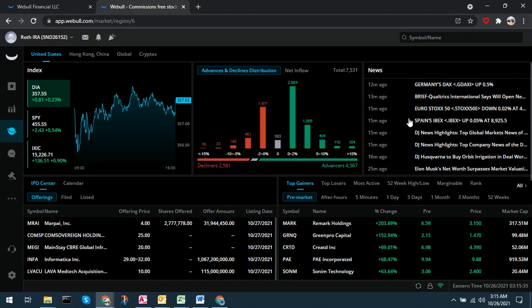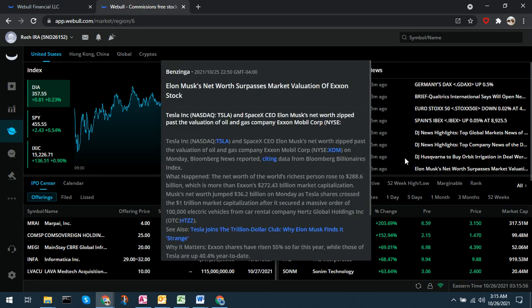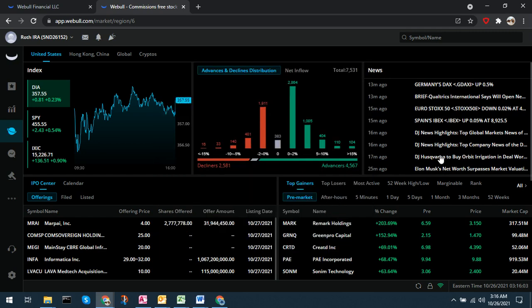Okay, the right-hand upper pane in the market screen in Webull is a real-time news flow. So you can see news items will appear as they are released, and it will tell you how old the news item is, how long ago it was released, and then you can click on the news item and get the detail of that news item, and then click off and read the next news item.